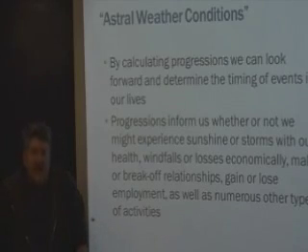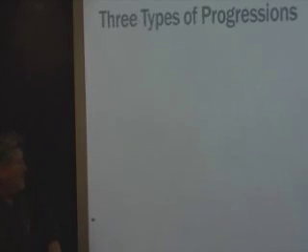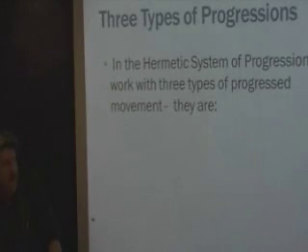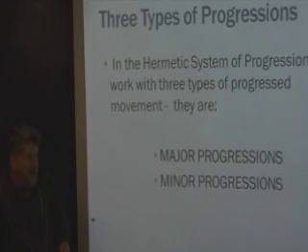Numerous other types of activities can be determined through this process. Hermetic astrology uses 3 types of progressions. We use major progressions, which is what I'm going to focus in on tonight. We use what are called minor progressions, and we use transits.